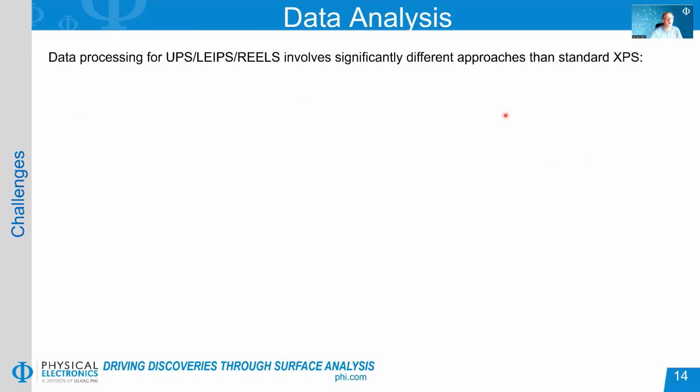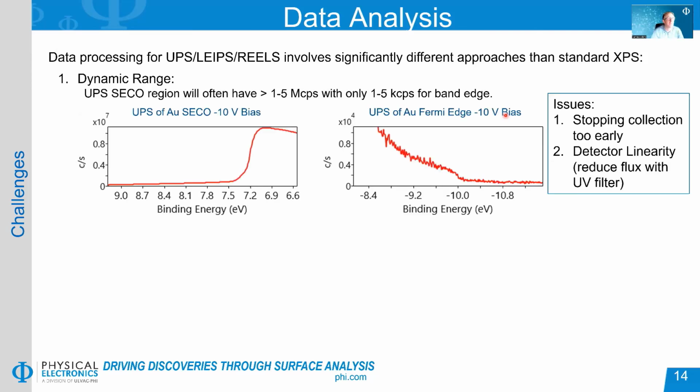And then finally, the data analysis component is different than in standard XPS. It's not hard necessarily, but it is different, right? So there are a couple of things that can trip people up. For UPS, we have so many photons that come out of a normal UV lamp that once we apply bias to the sample and start accelerating them into the analyzer, we can have a ton of counts, right?